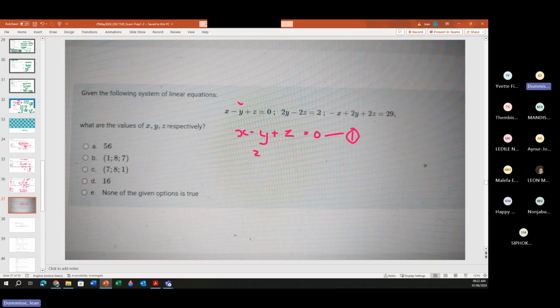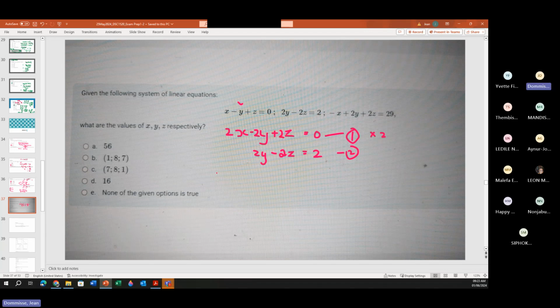So 2y minus 2z is equal to 2. What I will do is say, okay, let's multiply your second one by 2. So what we've got here is then 2y minus 2x minus 2y plus 2z is equal to 0.